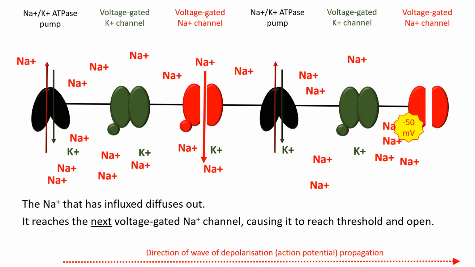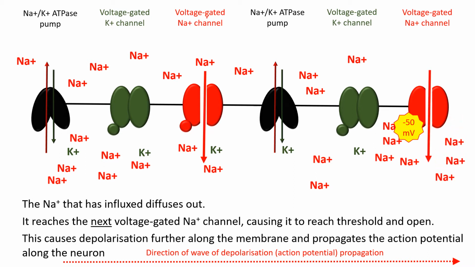It's reached minus 50 and it's opened that channel. And the same thing happens here. Then we get an influx of sodium further along the membrane, following its electrochemical gradient, which causes depolarization further along the membrane. This is propagating the action potential along the neuron in the direction that we want it to.